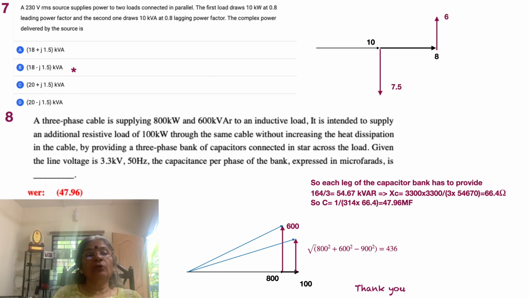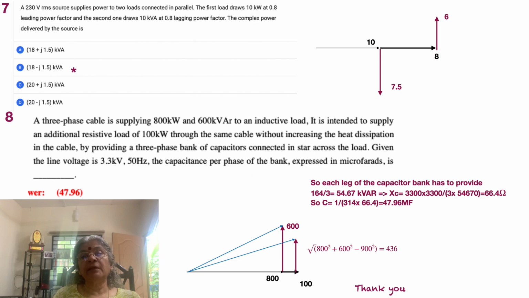Moving on to the next machine, which is drawing 10 kVA, with a lagging power factor of 0.8. So 10 into 0.8 tells us that the second machine draws 8 kilowatt of active power, and it has a reactive requirement of 10 into 0.6, because 0.8 and 0.6 always come together.